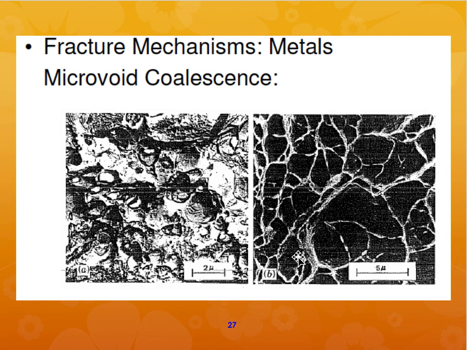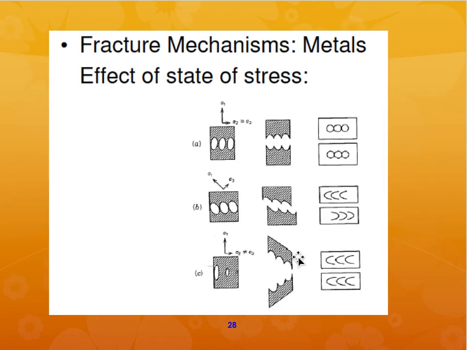So you can see that if you take the cross section and look at it under the microscope, say the scanning electron microscope. The way in which these samples fail is also dependent on the effect of the state of stress. So for example, if you have these voids all elongated and you are applying a load exactly normal to that, it just pulls off and creates a failure point here.